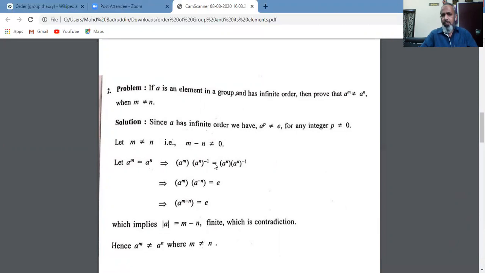But it is given that the order of A is infinite. So hence a to the power m should not be equal to a to the power n, where m is not equal to n. So this is the proof of the theorem.